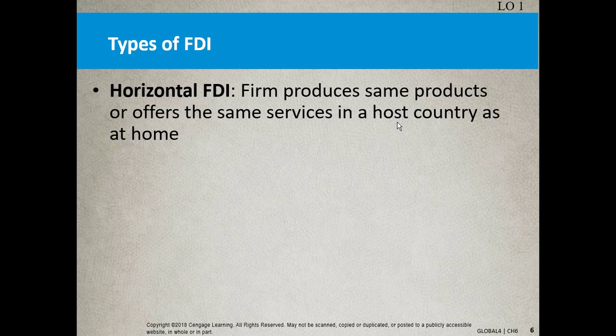BMW is very much German, made in Germany. If BMW decided to have final assembly in the UK, in England, that would be an example of horizontal FDI. It's got an assembly in Germany, and another assembly in the UK, horizontal.